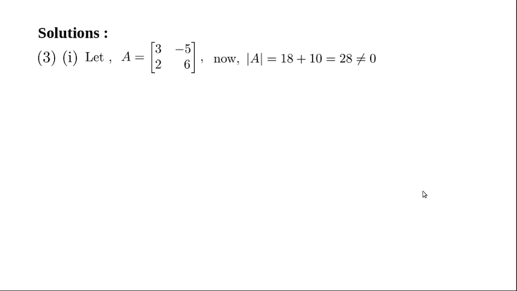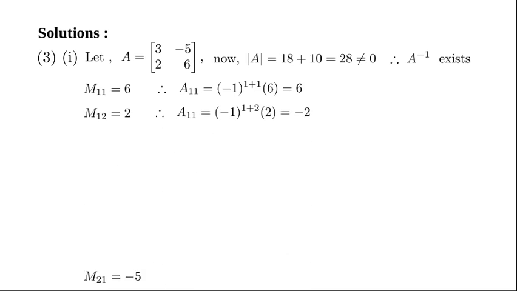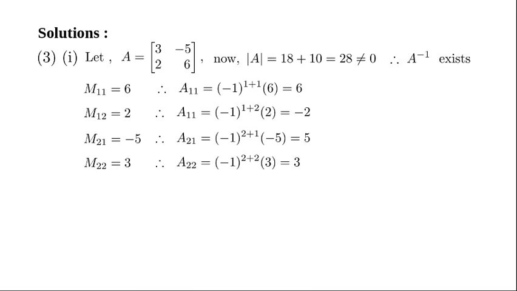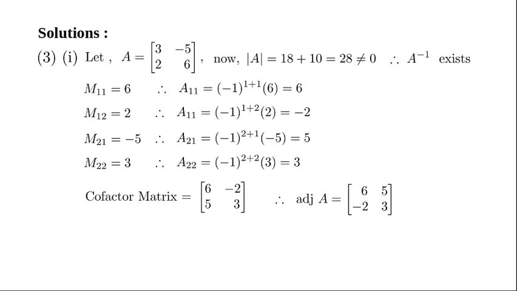Now the determinant of A is 28, that is not equal to 0, therefore A inverse exists. Again these are minors and their corresponding cofactors. Now we write the cofactor matrix just by replacing the corresponding elements by their corresponding cofactors.